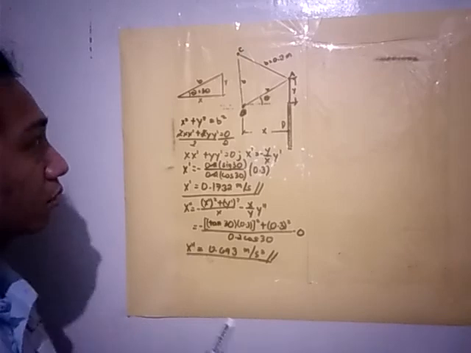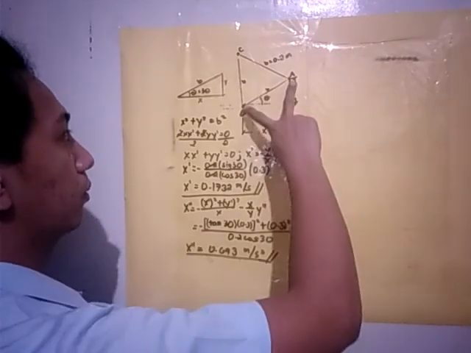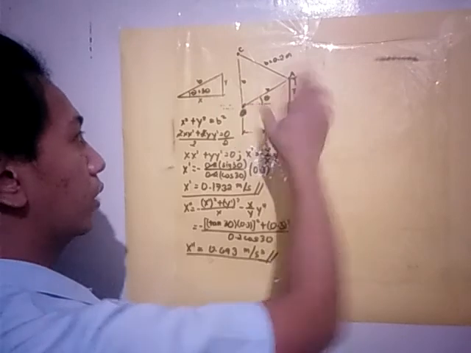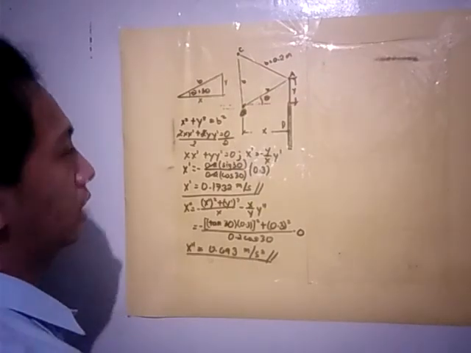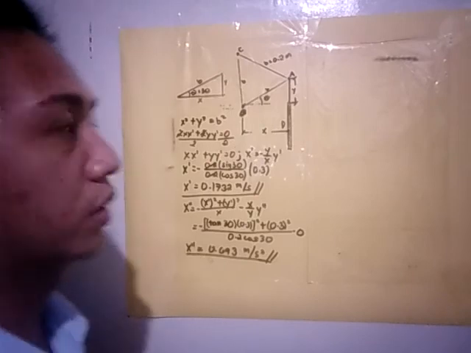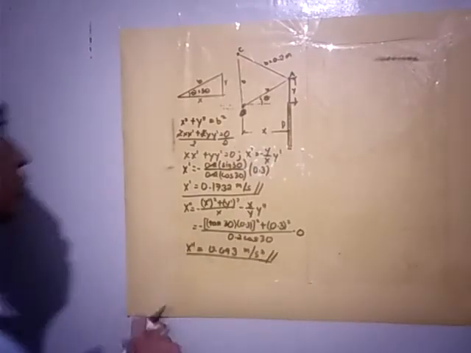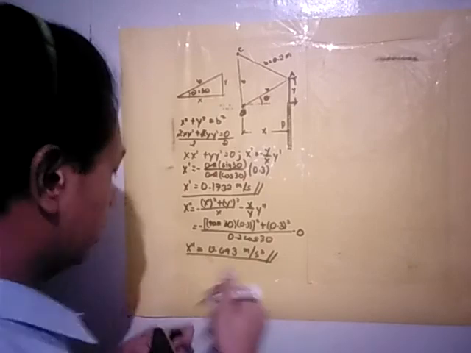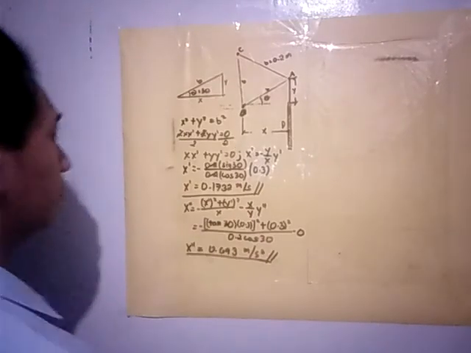So knowing that, pwede kong kunin muna yung line AB. Pwede yun yung solving ko kasi equal naman yung dalawa na yun. So line AB, ito lang din yun, yung B natin.